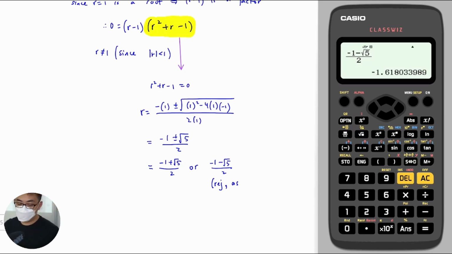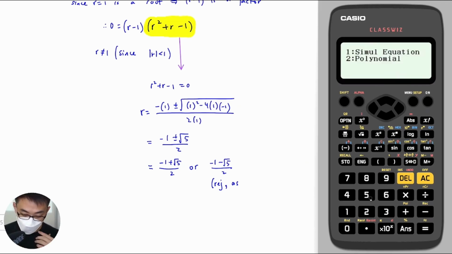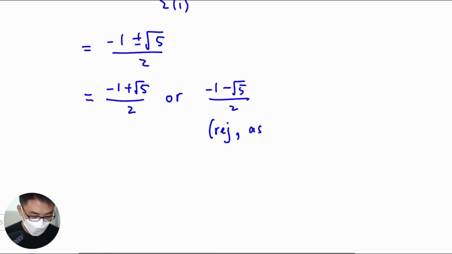Just now when we solved, one root is negative 1.61. This one will make the terms bigger because its magnitude is more than 1. Every term you calculate will just get absolutely bigger. The other one, the plus one, is actually less than 1, you see? So this is important.